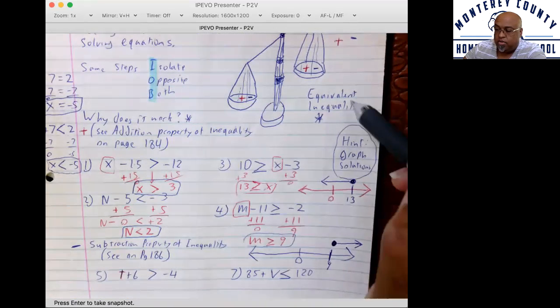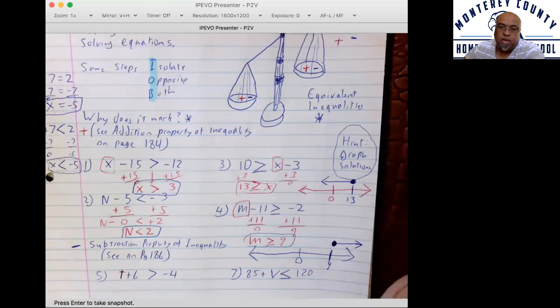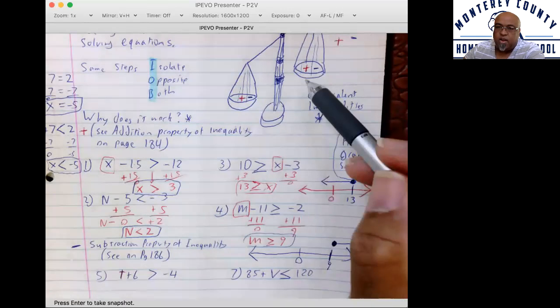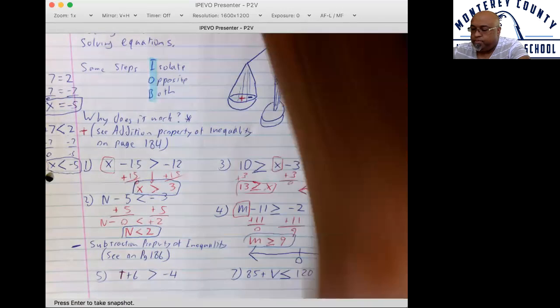And again, we go to this oxymoron, equivalent inequality. If I'm taking the same amount of stuff out, then the scale is not going to even out. It's still going to stay uneven at the exact same level. However, there's less weight in it, but there's less weight equally in both sides of the scale.